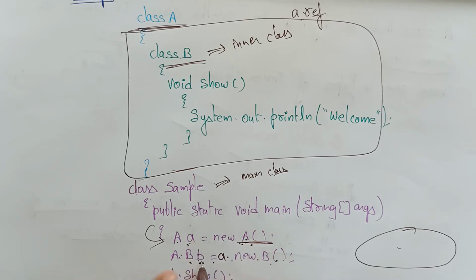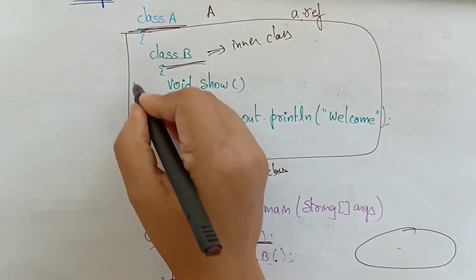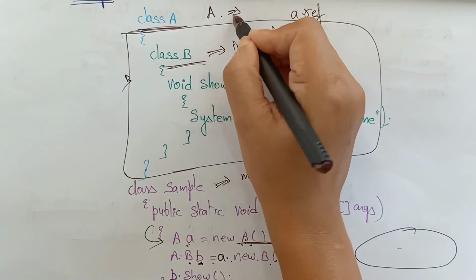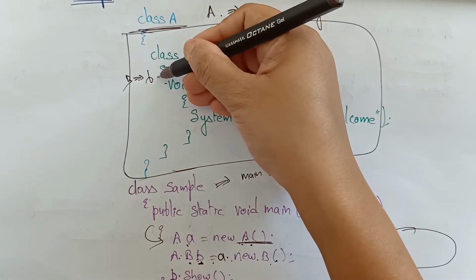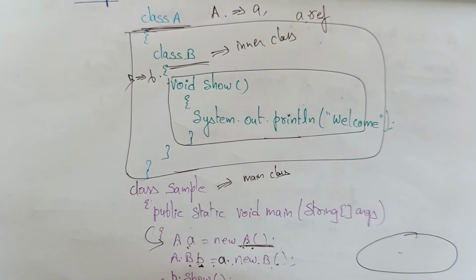Now I am calling b.show(), so with the help of the B reference, I am calling this method.